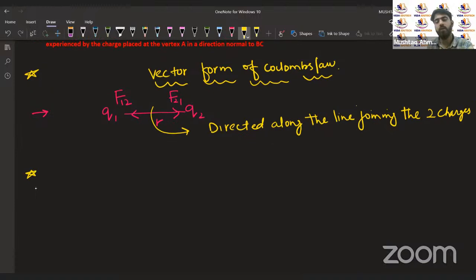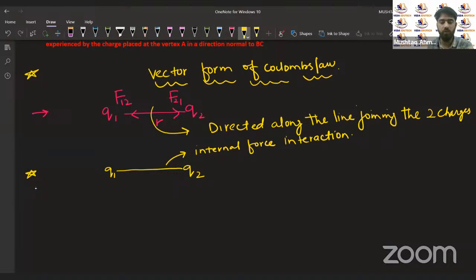We know that the electrostatic force of attraction between the two charges is a mutual force of attraction, or a mutual force of repulsion. If we take these two charges Q1 and Q2 as a system, they have only the internal force of interaction. That's the electrostatic force of interaction.